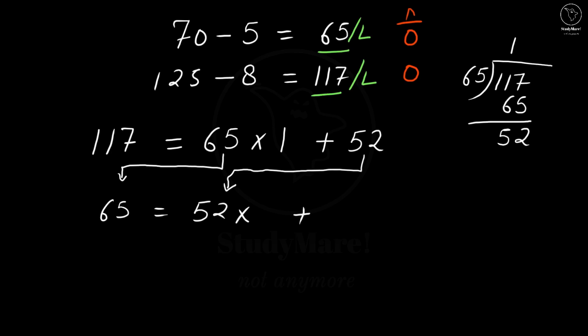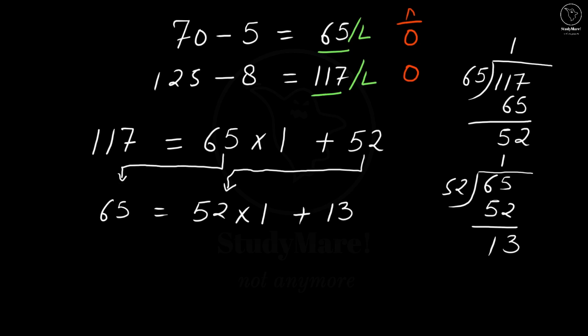How to find it? It's simple. Now take 65 here and 52 here. Divide it. We have 52 ones are 52. 5 minus 2 is 3, 6 minus 5 is 1. So we have the quotient as 1. The remainder is 13. Repeat the same process.